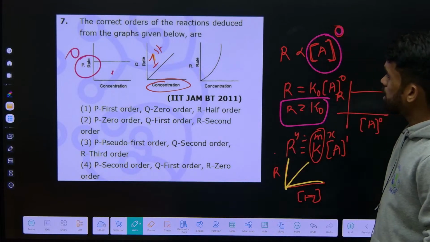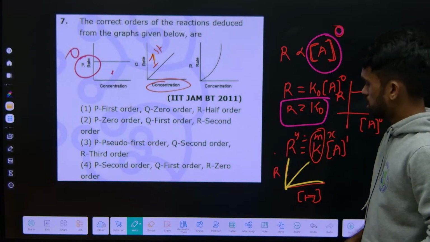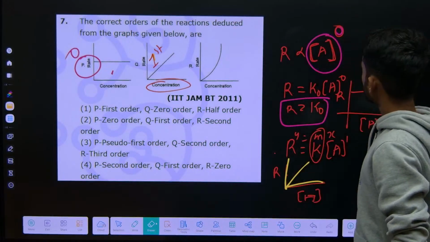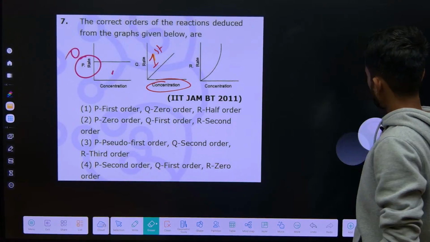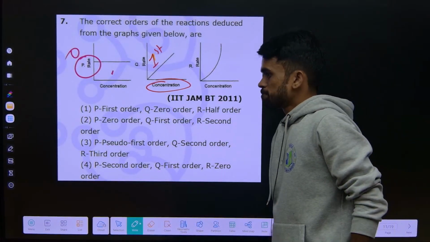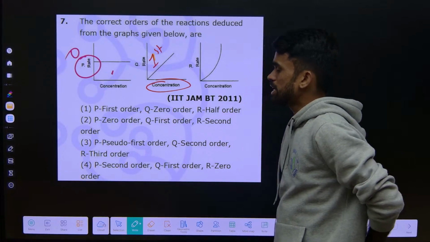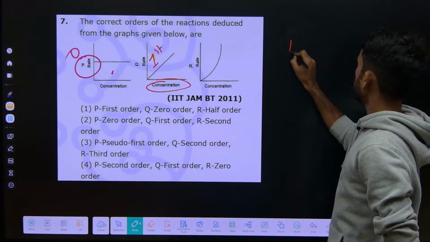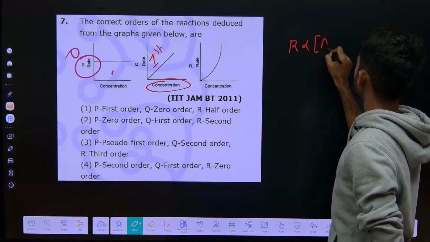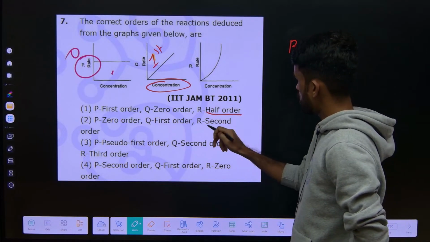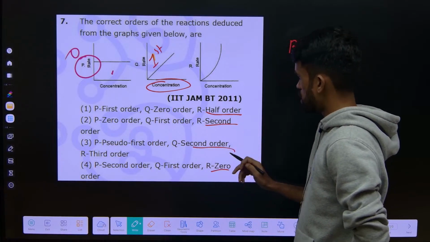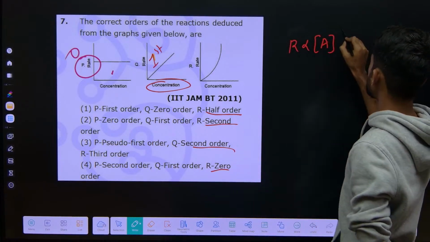Similarly, try to identify this last graph. Yes, it is very easy. For the last graph, R is directly proportional to the concentration of A to the power something. It cannot be zero order, so let us take it as 2.